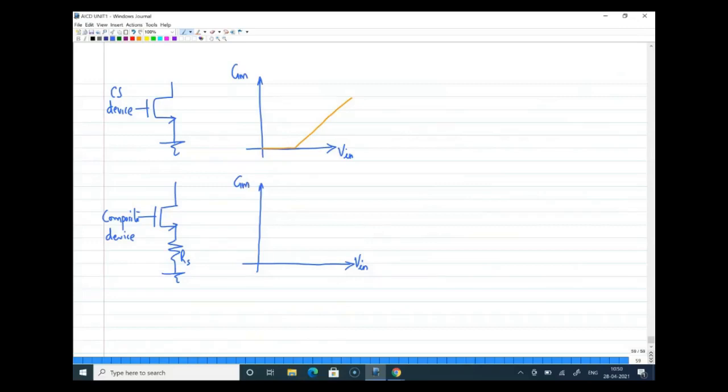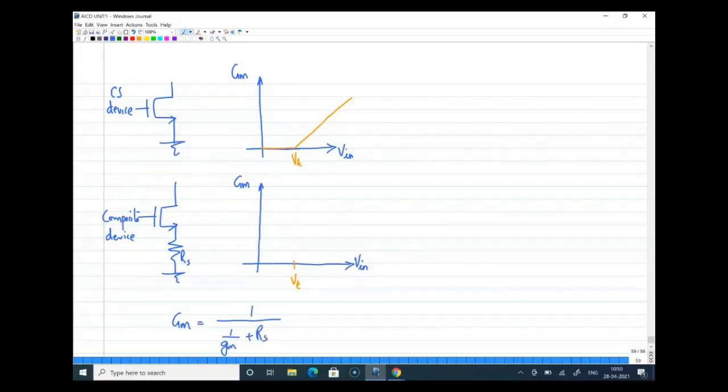Now, capital Gm is almost equal to 1 by RS, so we can draw it in this way. This is the VT point, so here also till VT there is nothing. After that, your capital Gm is equal to 1 by (1 by gm plus RS), right?